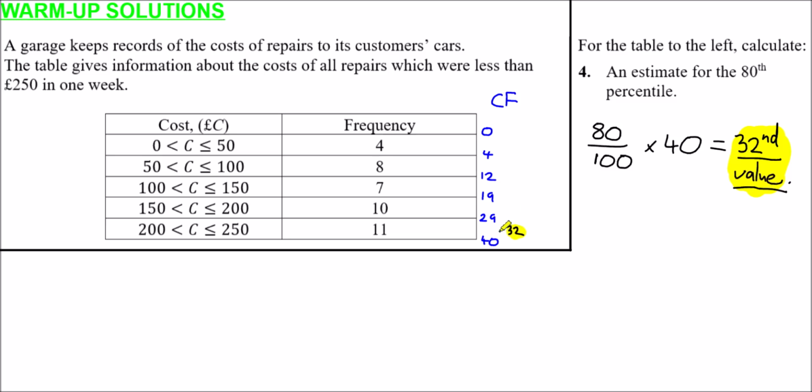Okay, we then need to think about whereabouts that would be within this interval. And so let's now add in the interval boundaries for all of these intervals. So the first one is 0, then we have 50, then 100, then we have 150, 200, and 250.